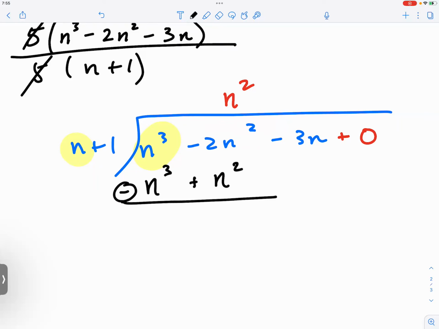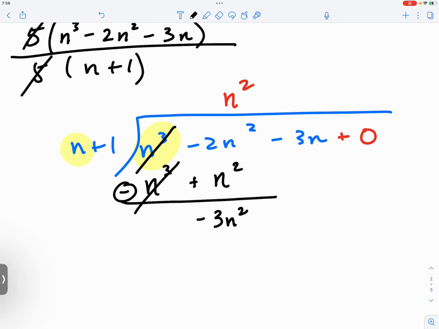So n cubed minus n cubed, they cancel out. Nice. Minus 2n squared, negative 2n squared, minus n squared. No. You got negative 3n squared because it's subtraction, okay?